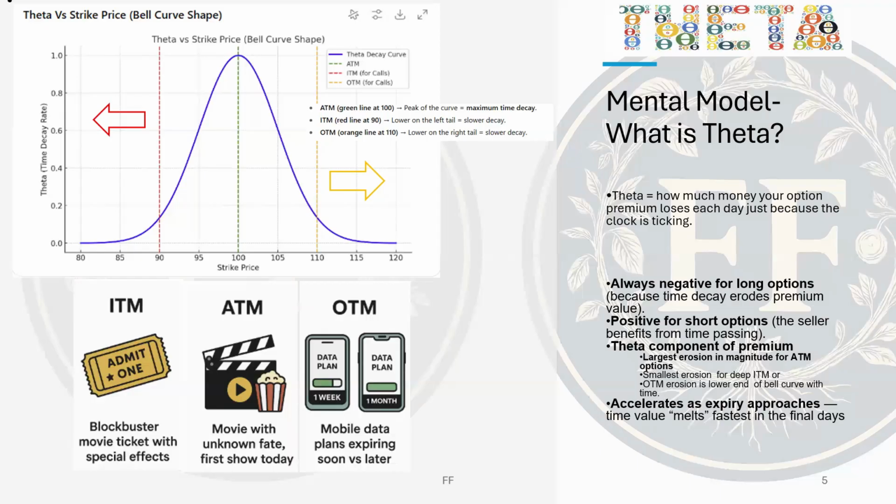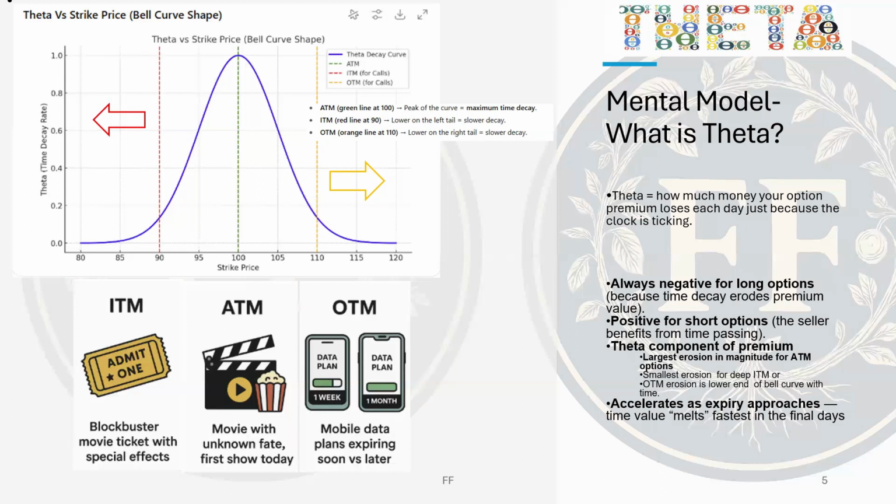So if it is like $115 and $120 call option, what we are saying is the effect of time value is actually lesser than that of $110 or $105 when the current market price is $100. This has been the observation, and this is the way the Black-Scholes model has come up with the way theta operates.